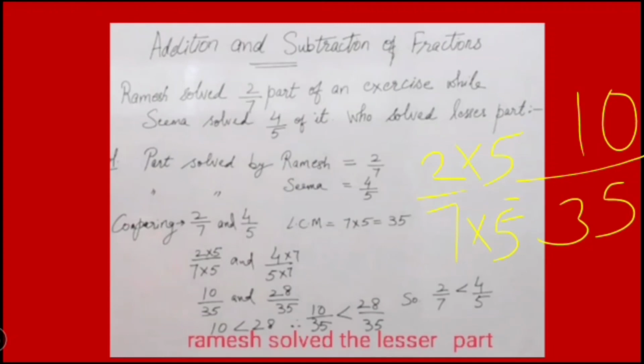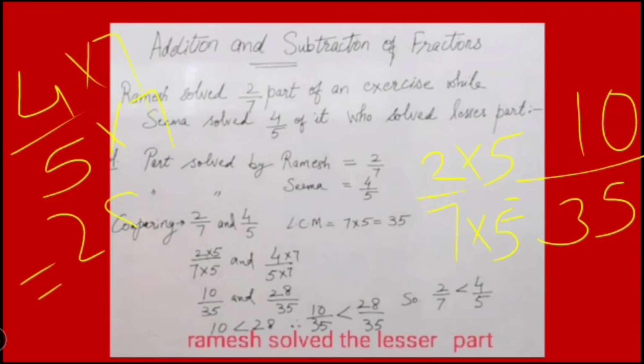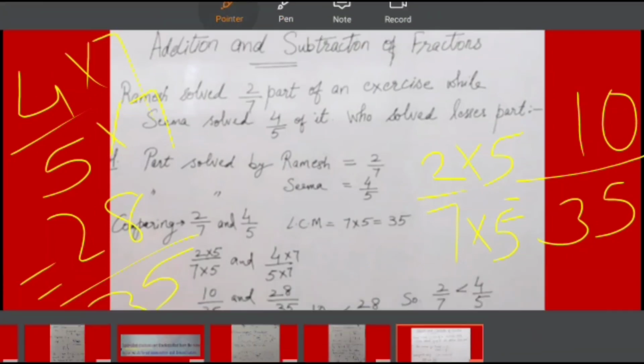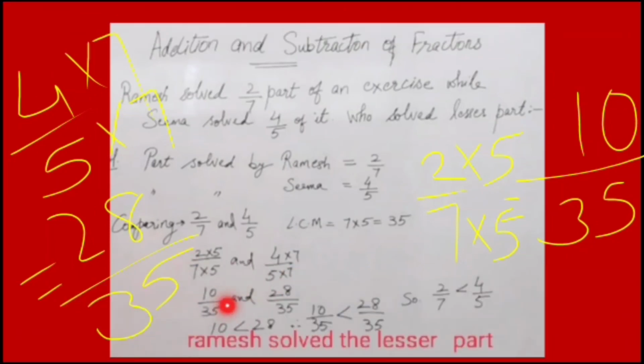Next, take 4 by 5. How can you convert it in terms of 35? You have to multiply with 7. So, 28 by 35. Now, you see the answer. One is 10 by 35 and the other one is 28 by 35.